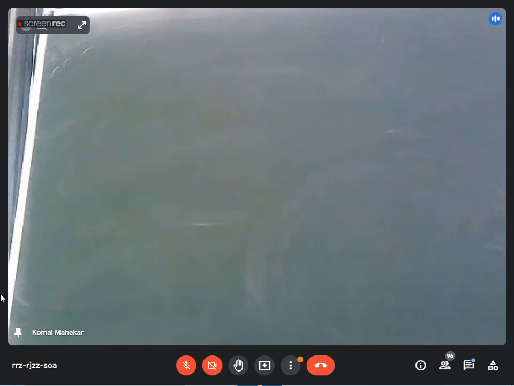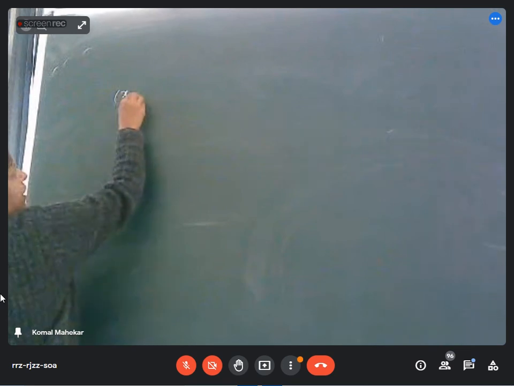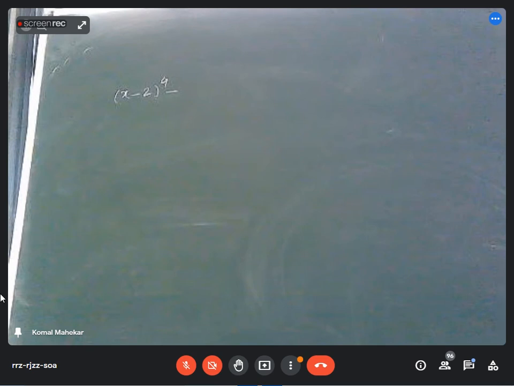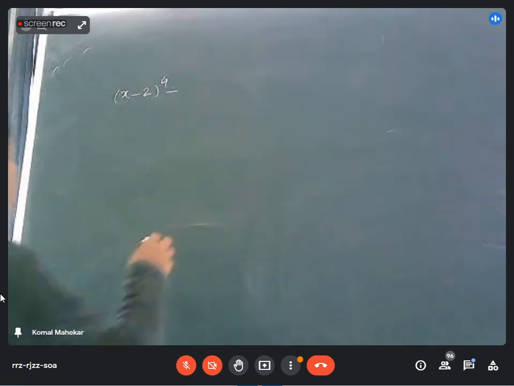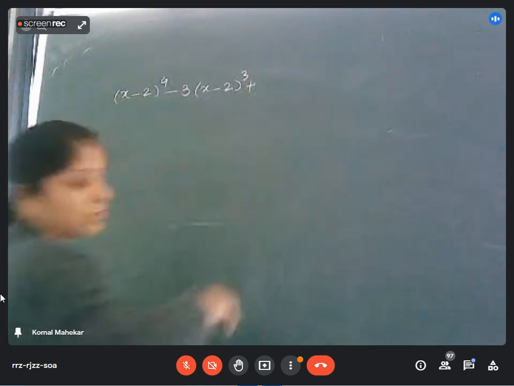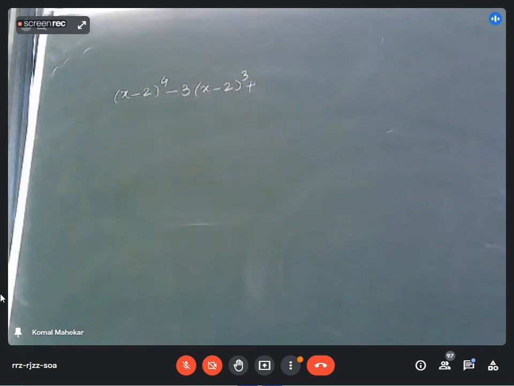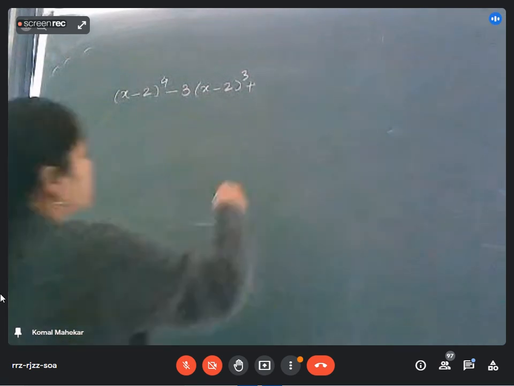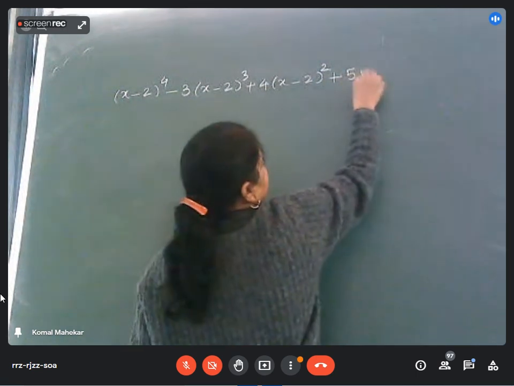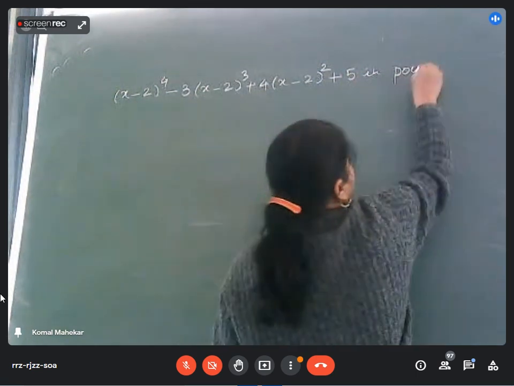Consider the first problem: expand using Taylor's theorem x minus 2 bracket raised to 4 minus 3 times x minus 2 bracket cube plus 4 times x minus 2 whole bracket square plus 5 in powers of x.